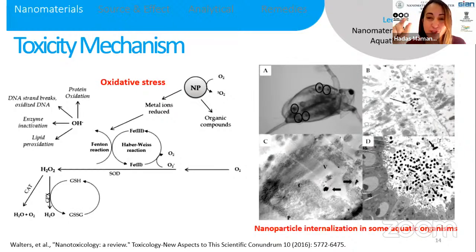But if we can target, for example, genes that are expressed due to oxidative stress that the water imposes on these microorganisms, then we can translate that to engineering as well. Of course, I'm not talking about higher organisms. Higher organisms are much more complex than bacteria.